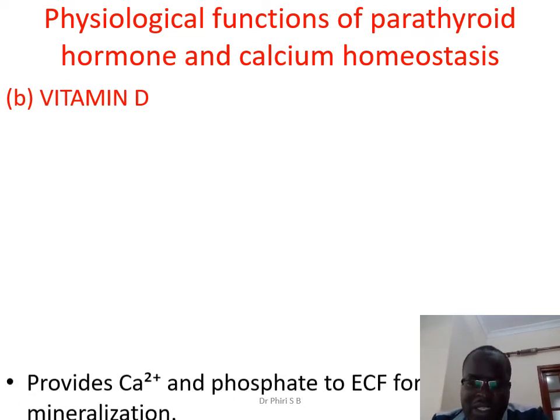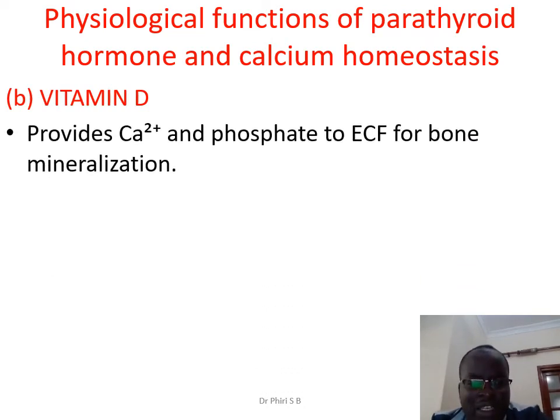Coming to vitamin D and its function, vitamin D is going to provide calcium and phosphates to the extracellular fluid compartment for bone mineralization. Whatever calcium and phosphates are being deposited on the bones, vitamin D is required because it's the one that will provide the calcium and phosphates to the extracellular fluid compartment. It's activating absorption of calcium and phosphates in the GIT. It's also enhancing reabsorption of calcium and phosphates in the kidneys.